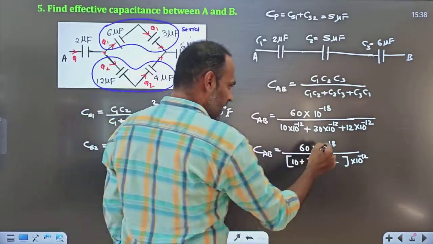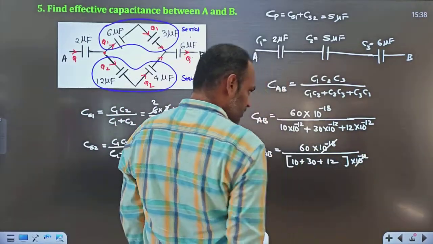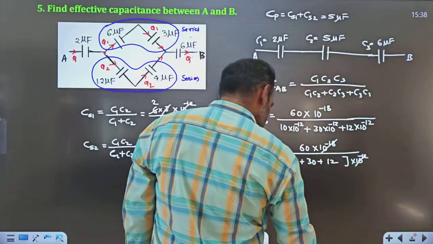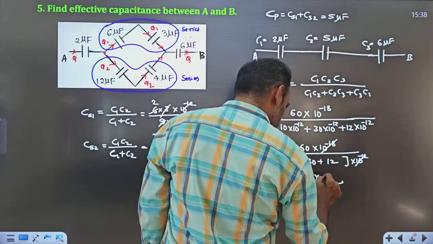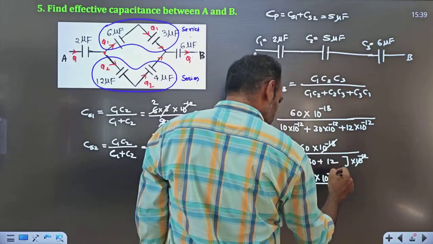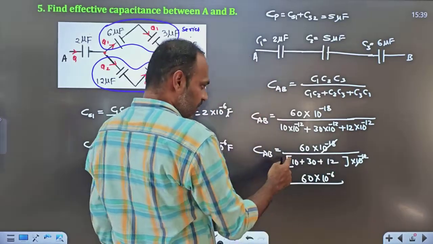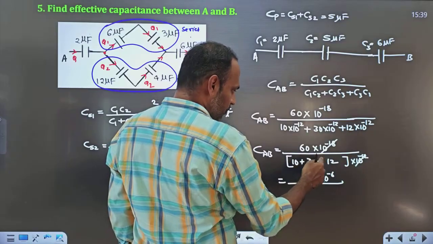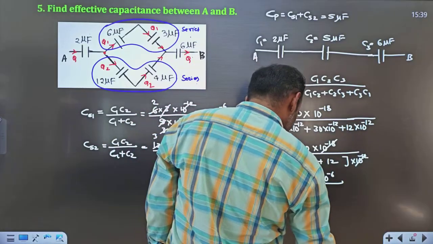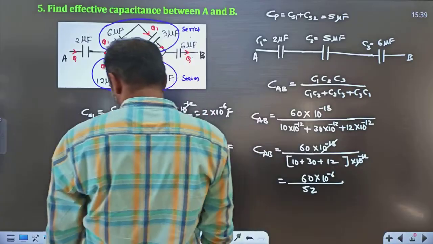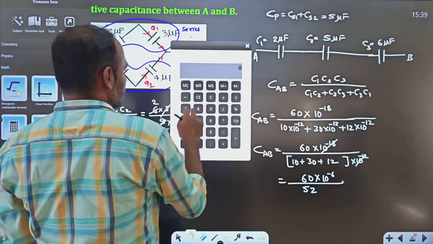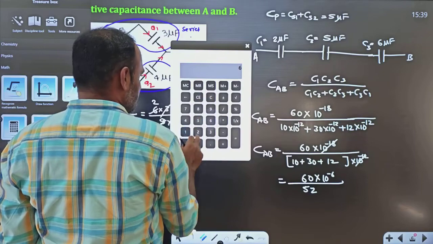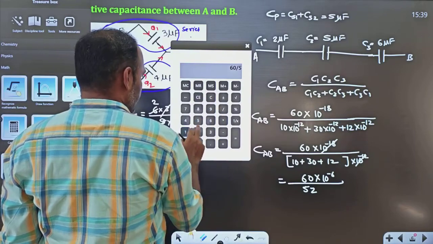Minus 12 from this and the numerator's minus 18 give minus 6 remaining, divided by 10 plus 30 is 40, 40 plus 12 is 52. So you have to divide this now. Dividing this you will get 60 divided by 52.